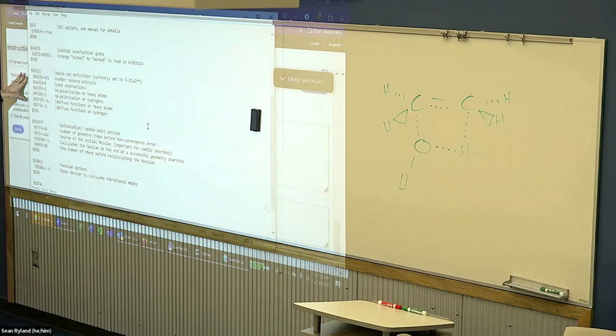So this whole system is set up in a way that allows us to very specifically expand the basis set as needed. The G basis is the number of Gaussian functions that make up your valence orbitals.